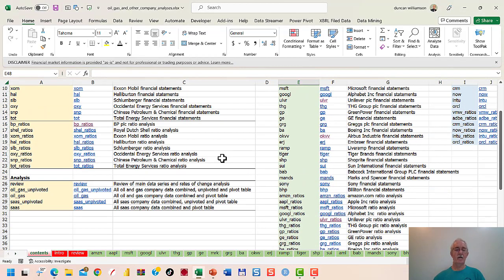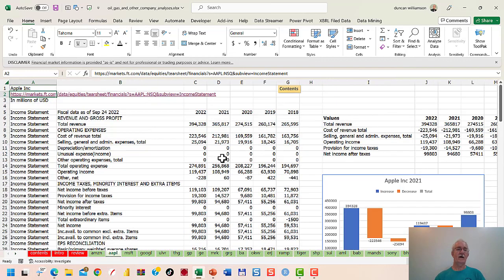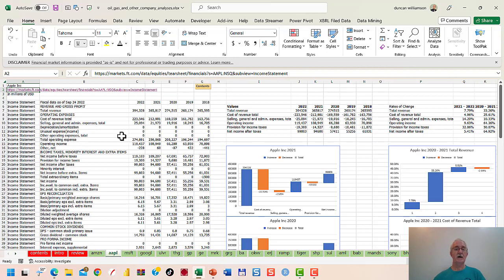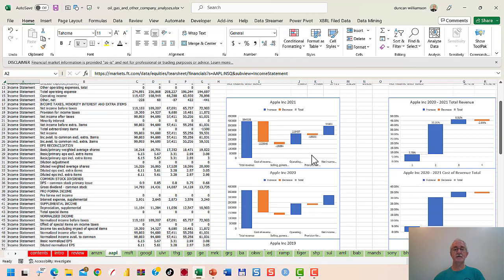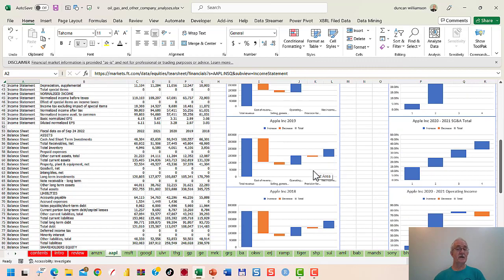Let's have a look at companies with targeted information, if I can do that quickly, and like that. So with Apple, what I did was, for some reason, maybe to do with the training I do, maybe something I thought of almost randomly, I decided, in addition to the raw data, I should take a look at the values, total revenue, cost of revenue, and so on, specifically for Apple, and maybe only for Apple, together with some of the diagrams that you'll see in the Financial Times.